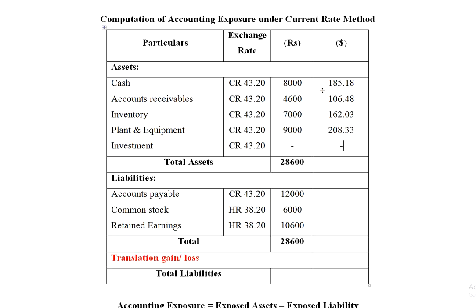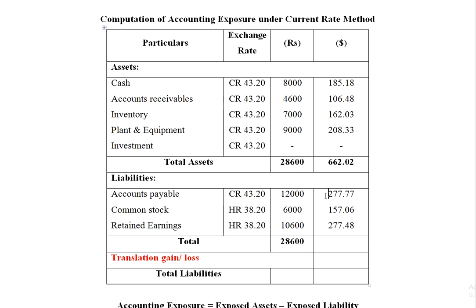And if you add all these 4 items, the total assets is going to be 662.02. Similarly, you have to divide this 12,000 by 43.20, the value is going to be 277.77, and 6,000 divided by 38.20, it is 157.06, and 10,600 divided by 38.20, so 277.48.